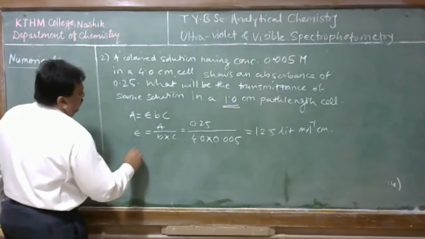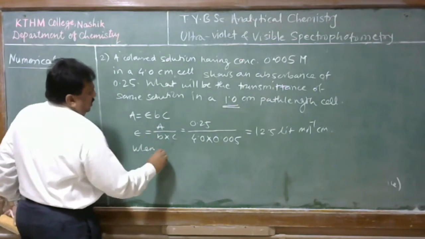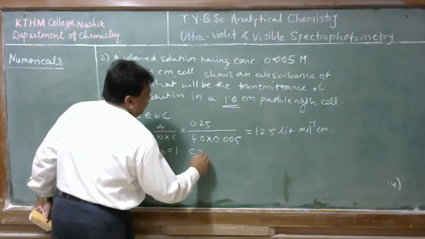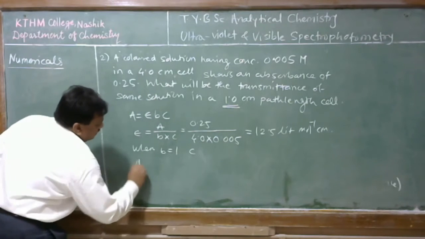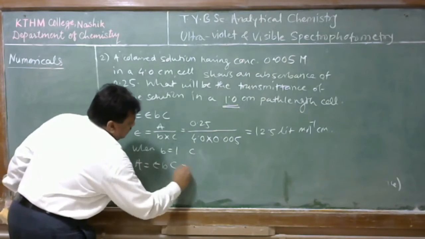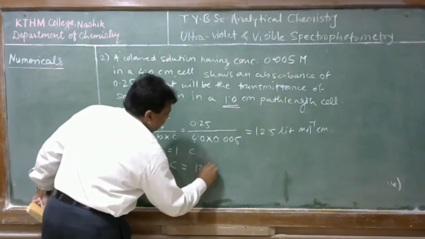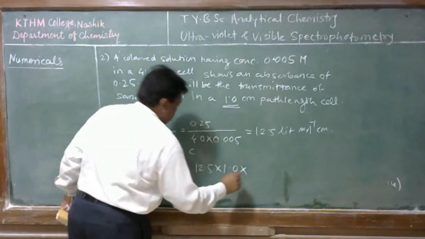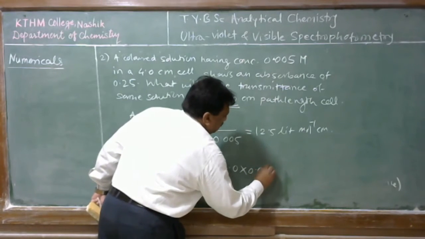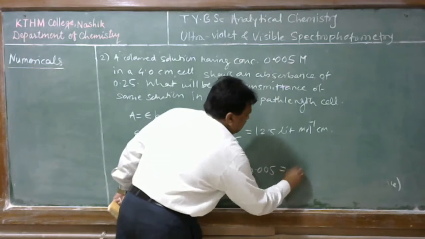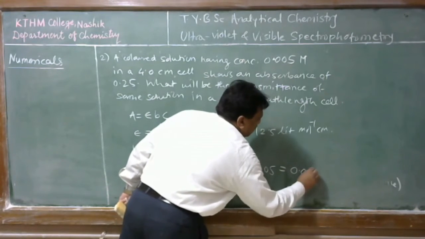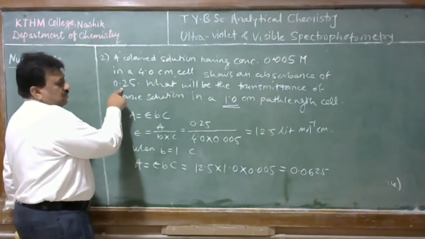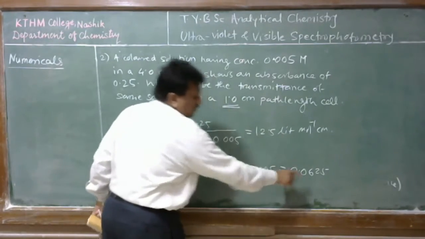Now when B is equal to 1 and C is the same, then A is equal to epsilon into B into C. Therefore epsilon is 12.5 into B is 1.0 into C is 0.005, and this value is equal to 0.0625. That means if we divide 0.25 by 4, then we have this value.